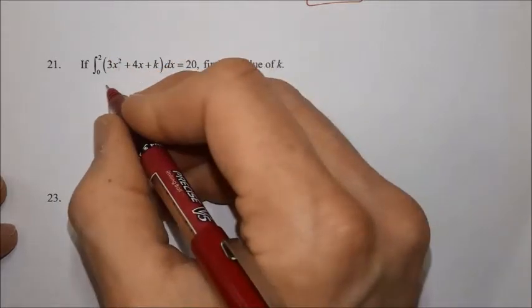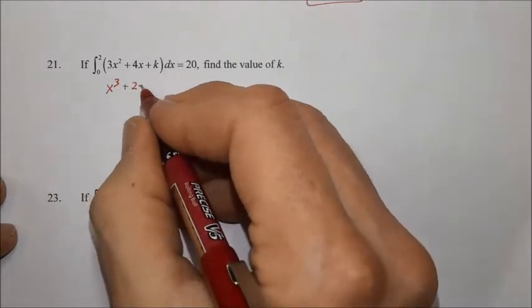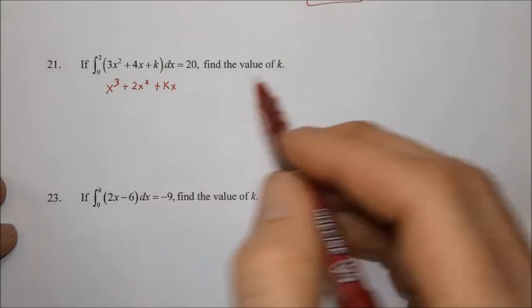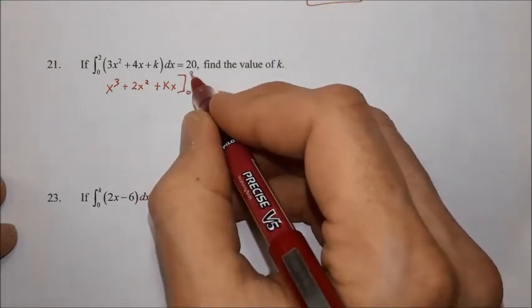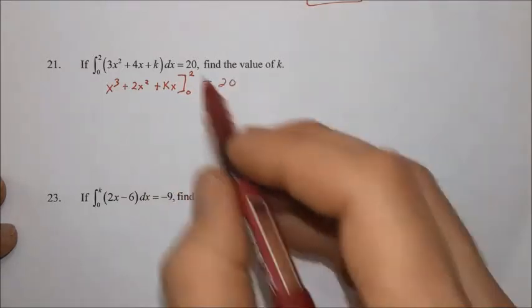3x squared antiderives to x cubed. 4x is 2x squared, and k is kx. k is a constant, so we're just adding an x after it. Alright, that's being evaluated from 0 to 2, and we know it's equal to 20. What number do we plug in first? The 2.